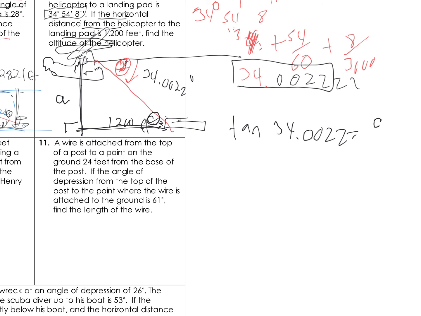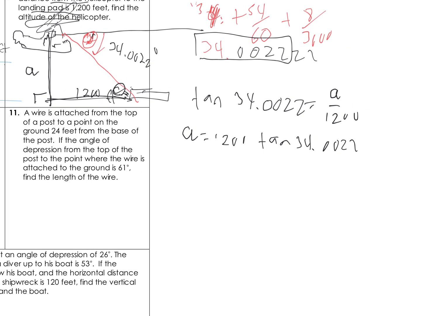I called it A, over the distance on the bottom, 1,200. So solving this for A, get your calculators ready. A will be 1,200 tangent of 34.0022. That's my exact answer.